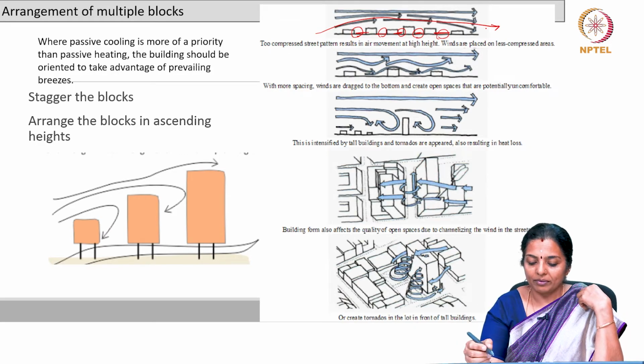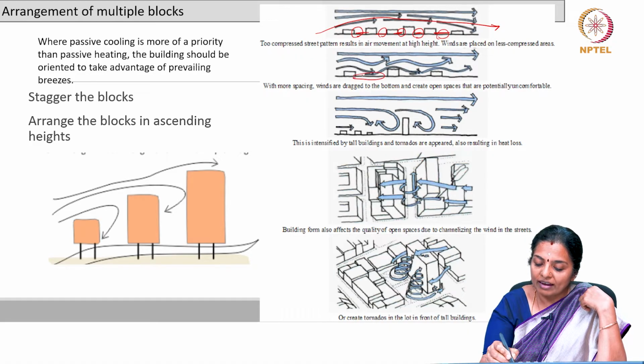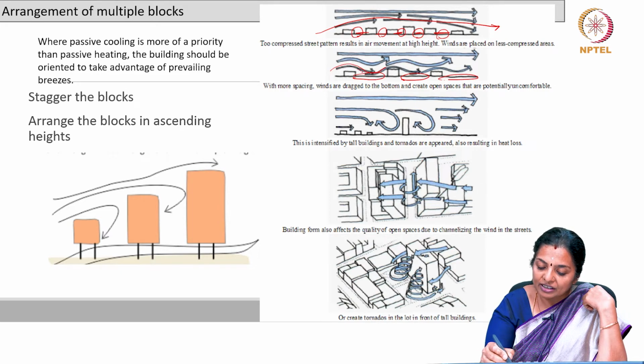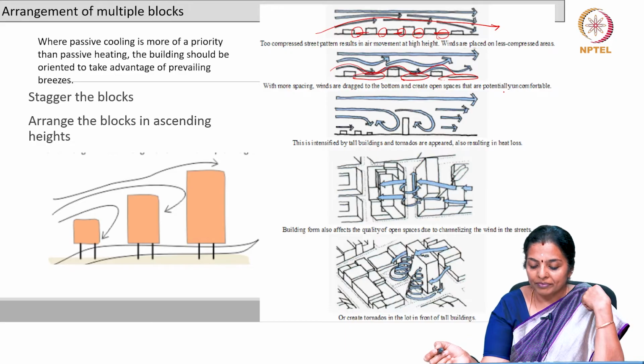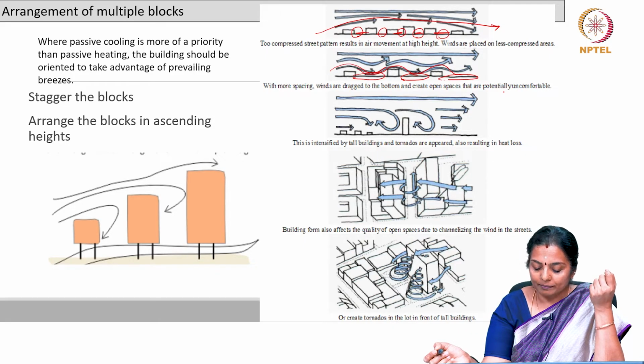Percolation does not happen, whereas if you have wider spaces between the buildings, then the wind is dragged to the bottom in the open spaces that are potentially uncomfortable. This is intensified by tall buildings, and tornadoes appear. Here we mean very small tornadoes, also resulting in heat loss.